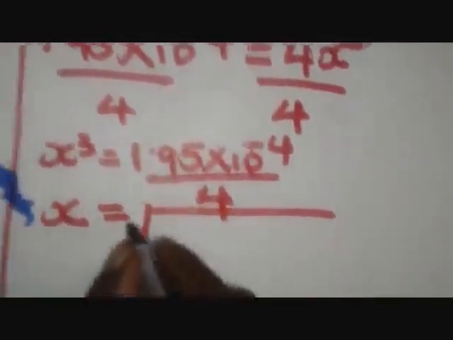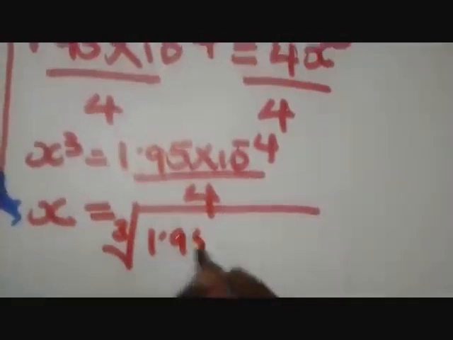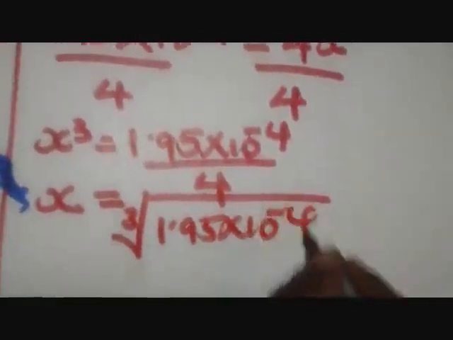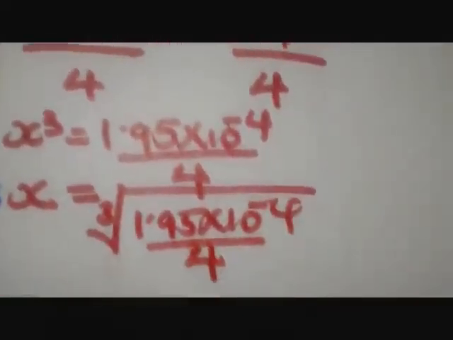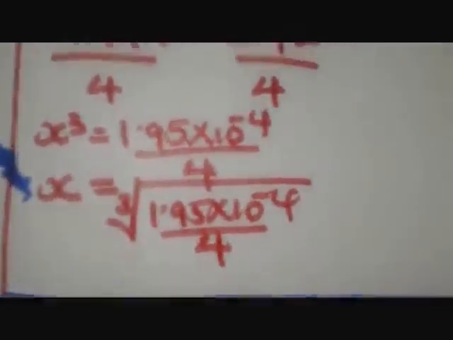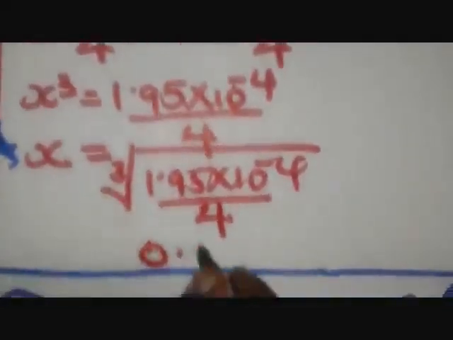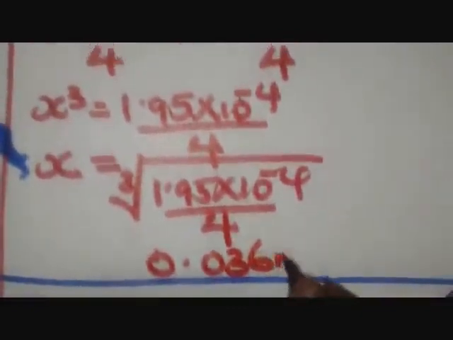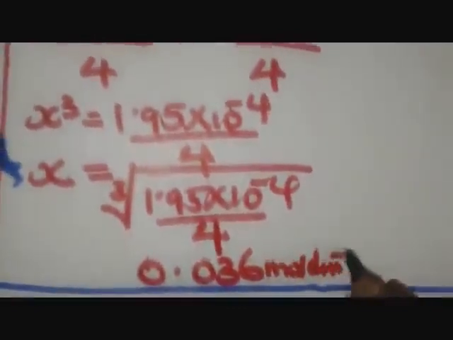So we shall have the cube root of 1.95 times 10 power negative 4 over 4, and my answer finally is 0.036 moles per decimeter cubed.